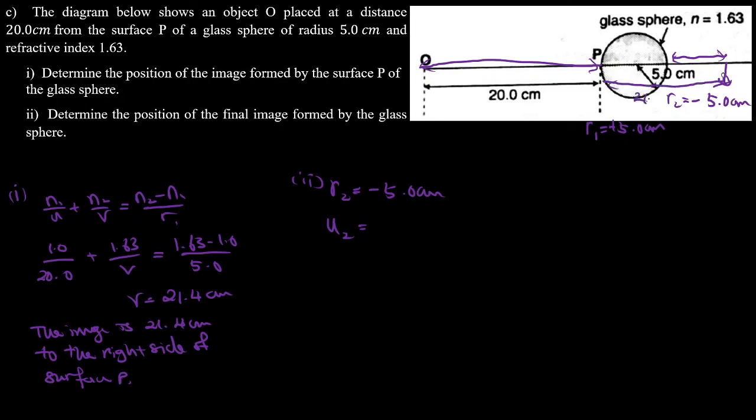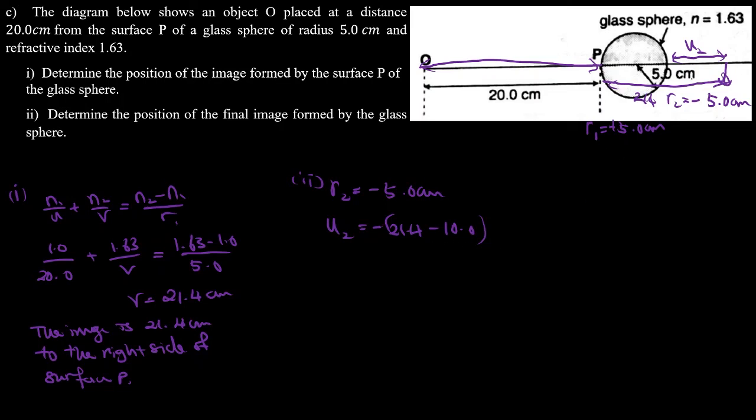So how do you calculate the object distance for this one? You use 21.4 minus 10 centimeter, the diameter of your glass sphere. This is a virtual image. Why is it virtual?